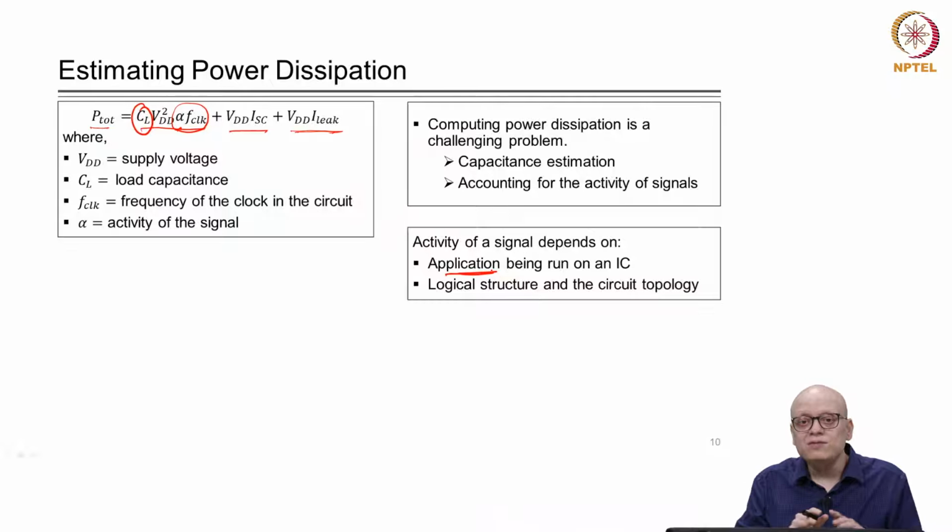Another thing is that even if we know the activity, that this program will run on our integrated circuit, the logical structure and the circuit topology will decide the activity of the signal, and accounting for those may also be tricky.